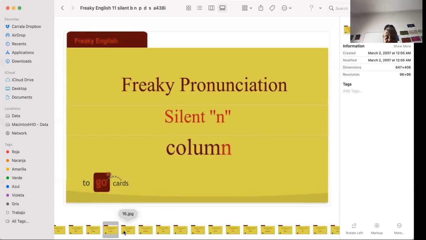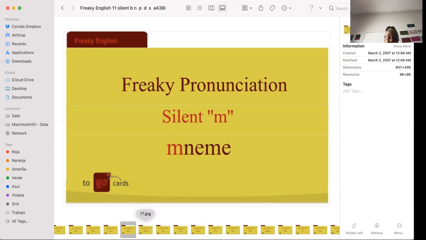Notice I'm not pronouncing the N at all. Mean, this is the silent M, mean. Here, neem, I just pronounce it neem, but I've heard it with mean. Mnemonic.